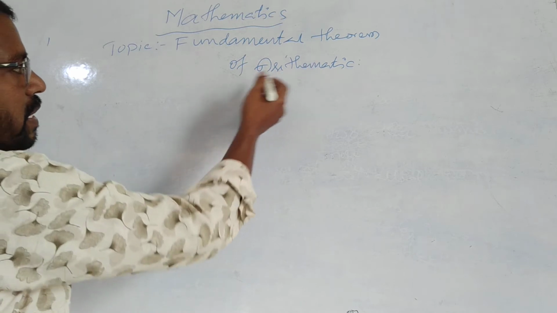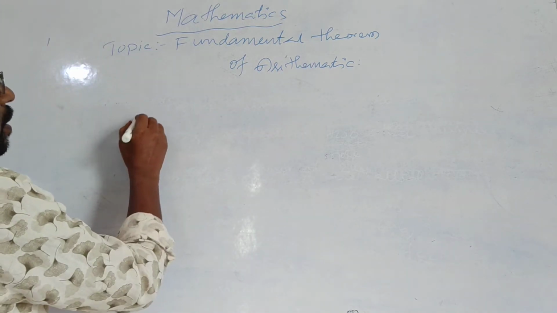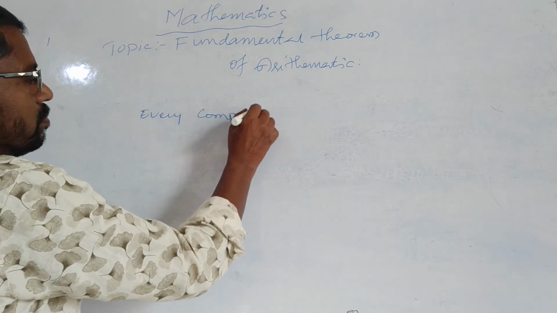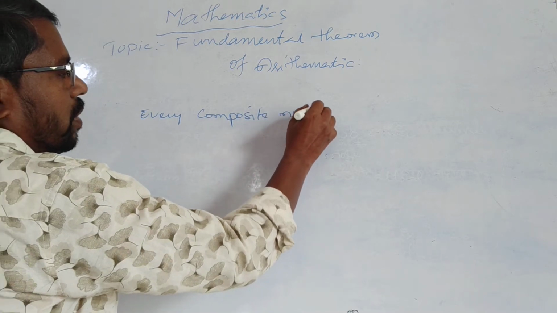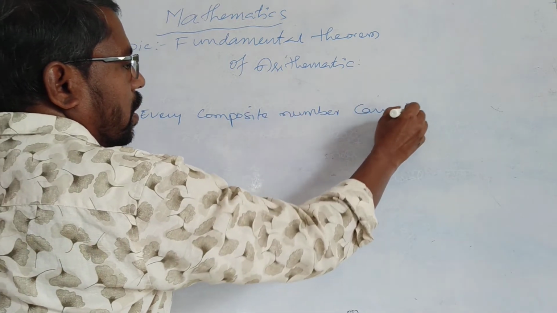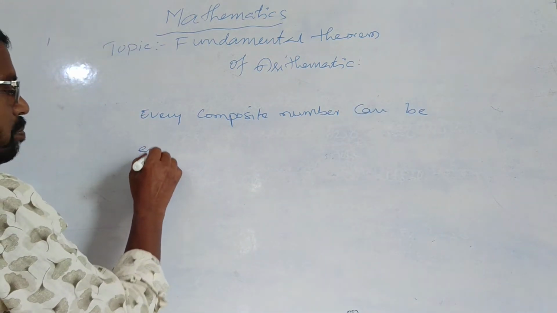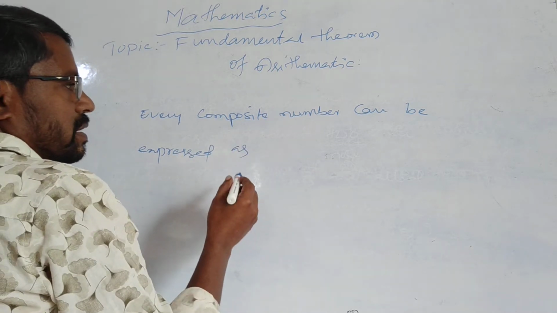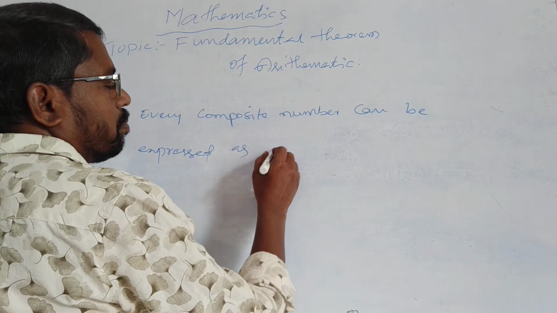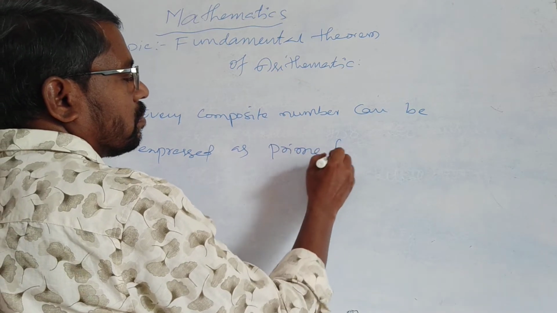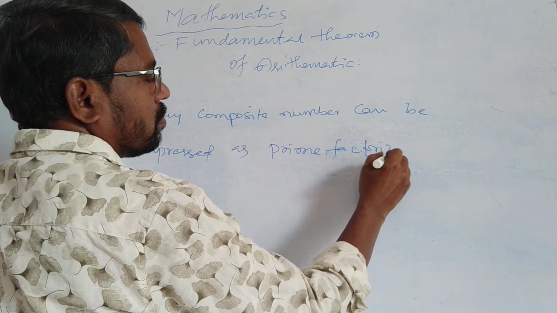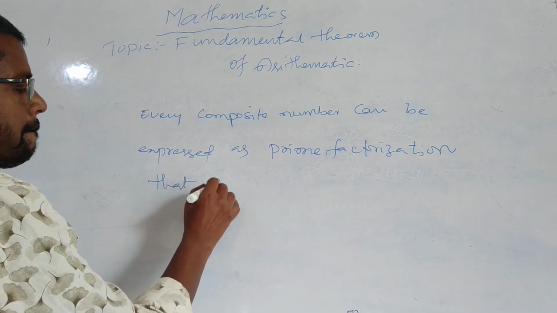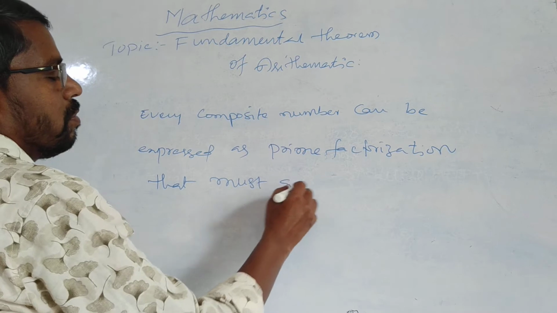So what the fundamental theorem says, once I want to repeat that: every composite number can be expressed as a prime factorization, and that must be unique.